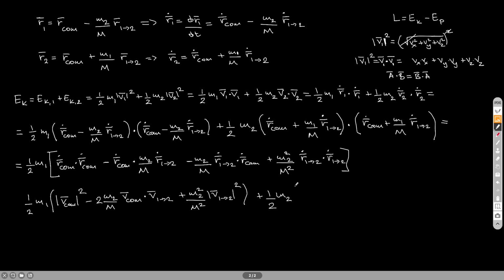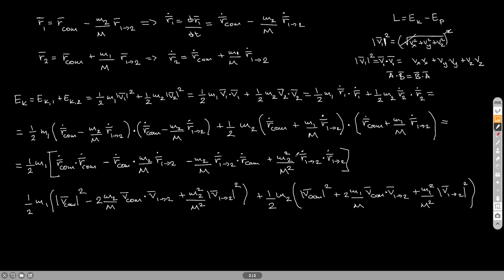So it will be 1/2 m2, and then v of the center of mass squared. Now here is a plus, so it's going to be plus 2 m1 over M, v COM dot with v from 1 to 2, plus m1 squared over big M squared, v from 1 to 2 magnitude squared.